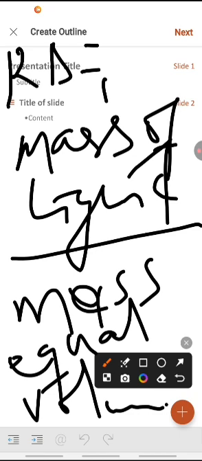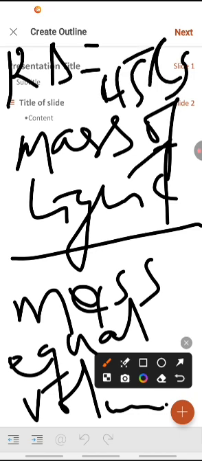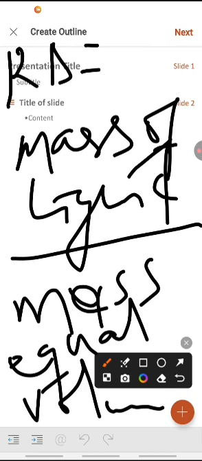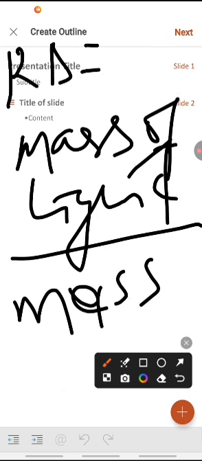So let's say the mass is 45 kilograms. Then you are going to measure 45 centimeters cube of water, take the mass of that water, and divide it by this. The answer that you get becomes the relative density.